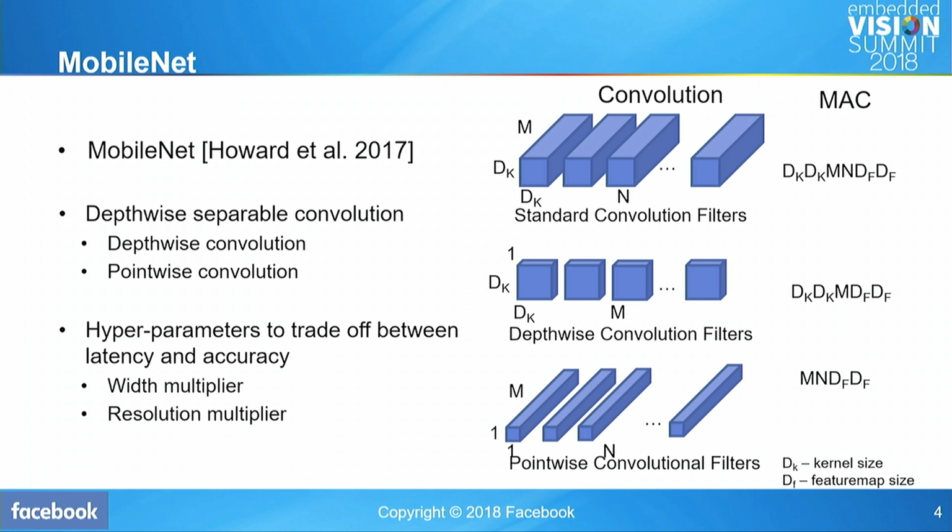On the right side, you can see a more detailed analysis of how much computational time is needed for different layers, such as for convolution, where DK represents the kernel size. It's usually 3, or 1 by 1, or 5 by 5. In Inception it can be 7 by 7.